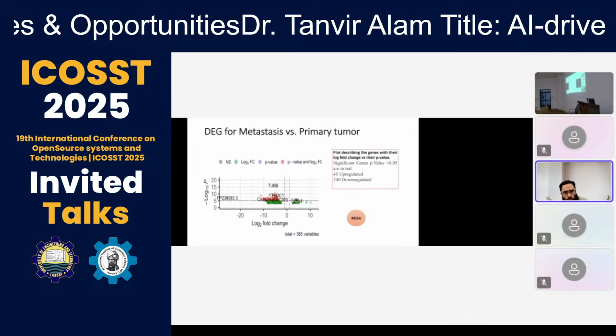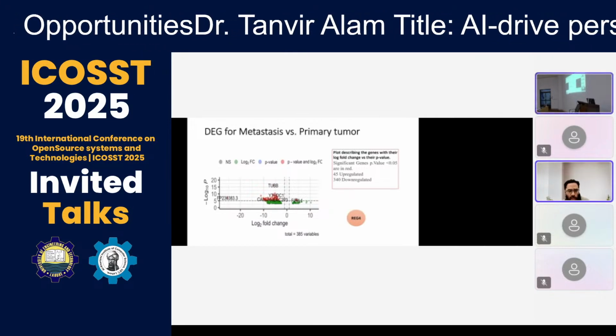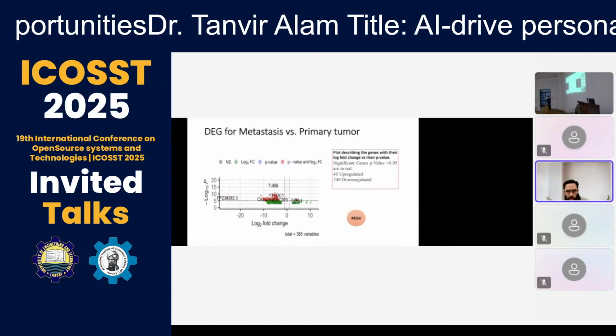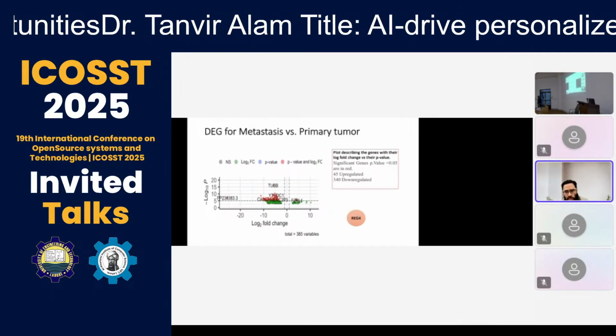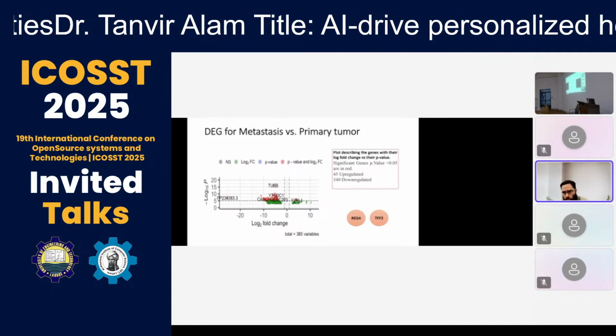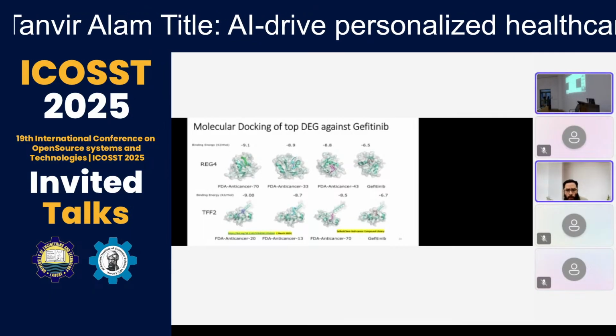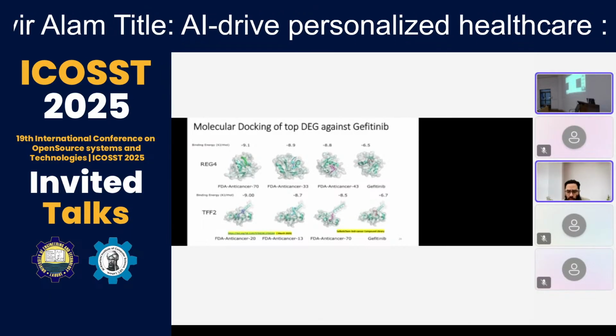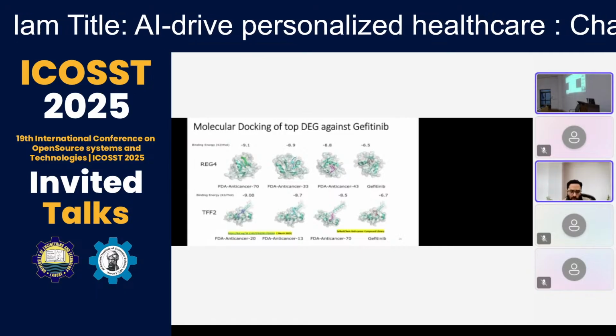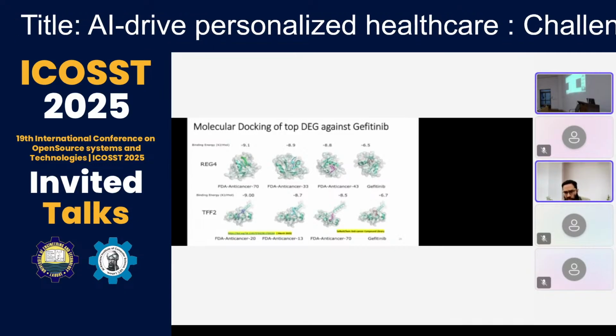As we mentioned, we have roughly 358 differentially expressed genes, and we selected the top ranked 2 genes, TFF2 and REC4, and then did the molecular docking to check the drug and target binding affinity.